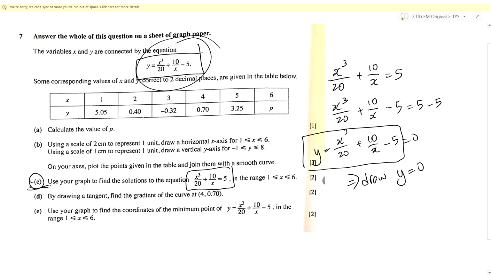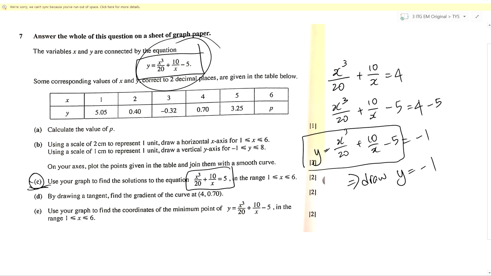In this particular question, I think many students were able to get a correct answer without knowing what's happening, because they just quote the x-intercept. Now what if, after you manipulate, instead of 5 over here, this was, let's say, 4. Then our working will be slightly different. 4 minus 5, so instead of equal to 0, this will be negative 1.